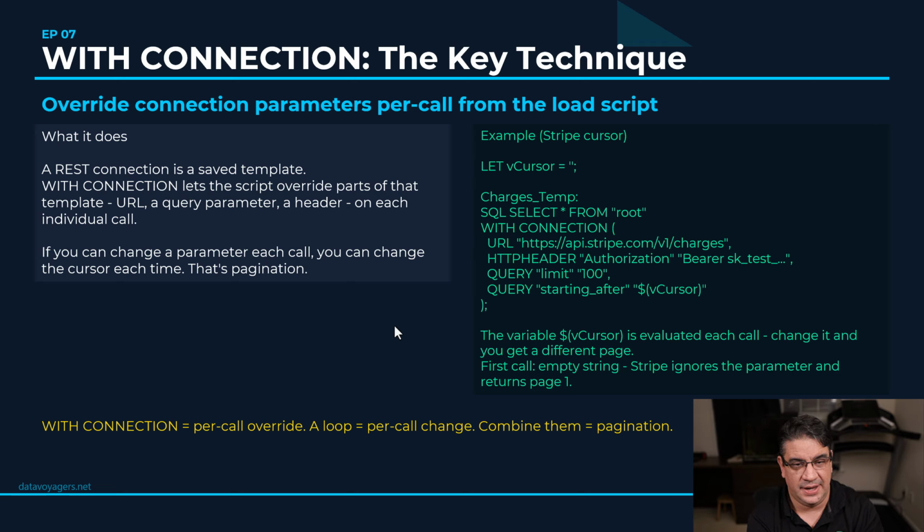You can specify what you want to overwrite in a connection, like the URL, the query parameters, and the HTTP header parameters. You need to understand how to use the with connection.